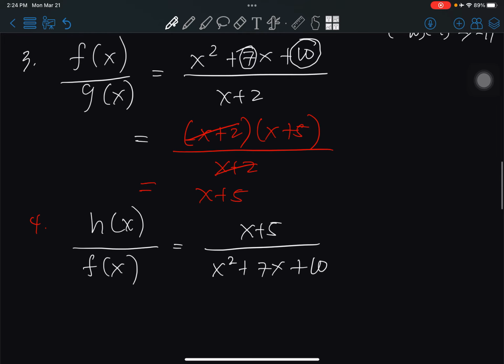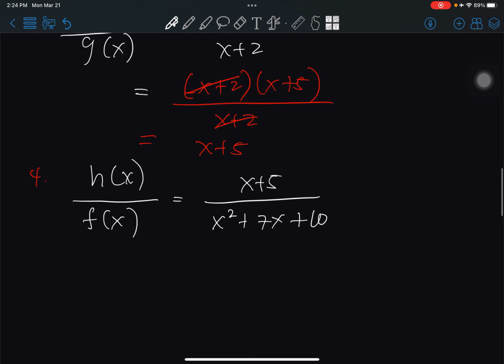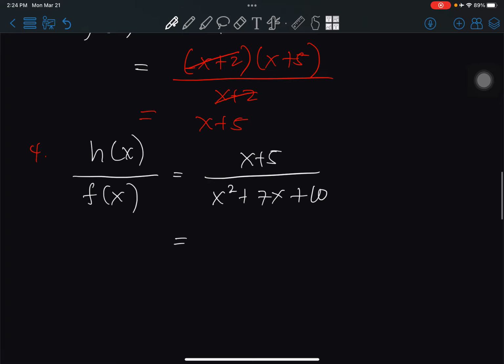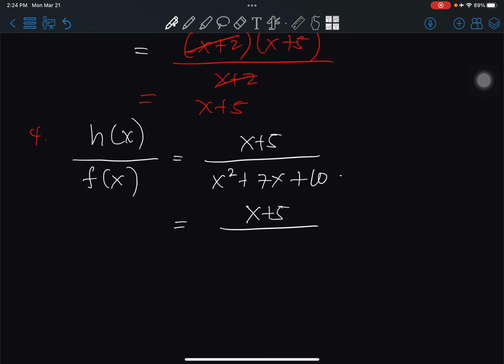So here, just like what we did with our third example, you are going to factor out your denominator because this is a trinomial. You will just copy your x plus 5 in your numerator. Then here, copying your x squared plus 7x plus 10, and you have to factor out. Okay, you have to factor out.